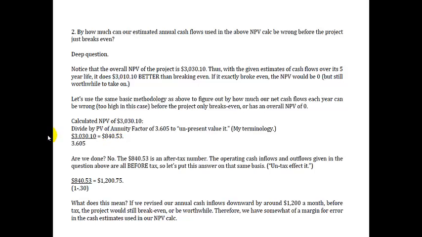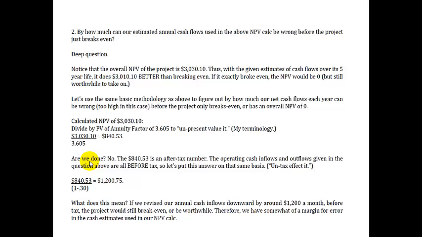So let's take our $3,000 net present value, divide by that present value of an annuity factor, and what we're going to do is unpresent value it. Sweet terminology, right? So we get $840.53 a year, but that is an after-tax number, so let's gross it up and make it before tax. Before tax, it's $1,200.